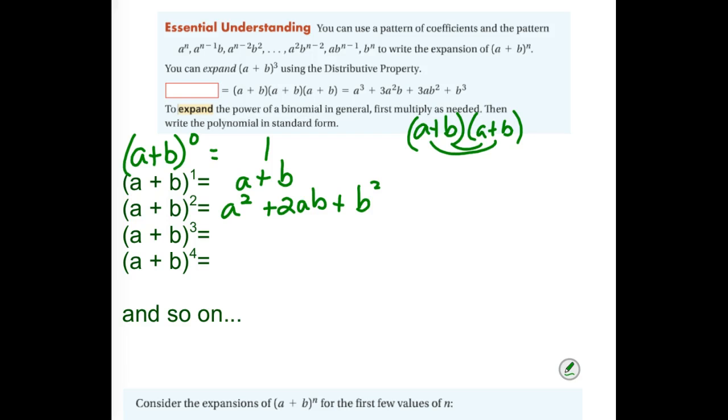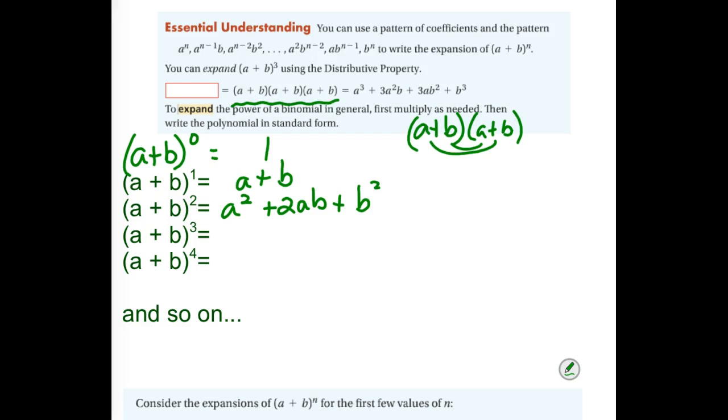Okay. How could we do a plus b to the third power? What does it mean to raise something to the third power? Times itself 3 times, yes? So we would have this, a plus b times a plus b times a plus b.